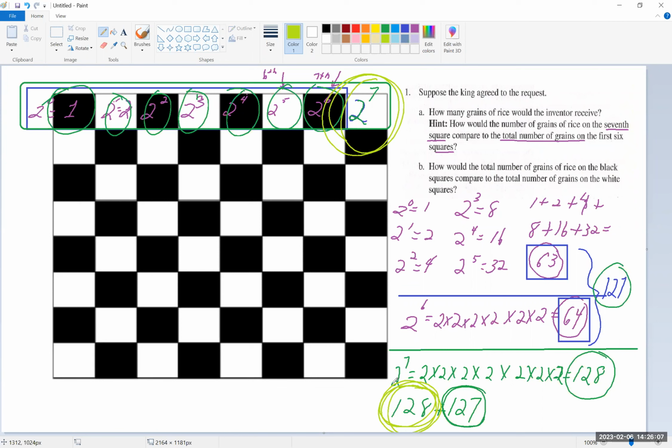So that pattern continues, and it's not going to be the easiest thing for you.